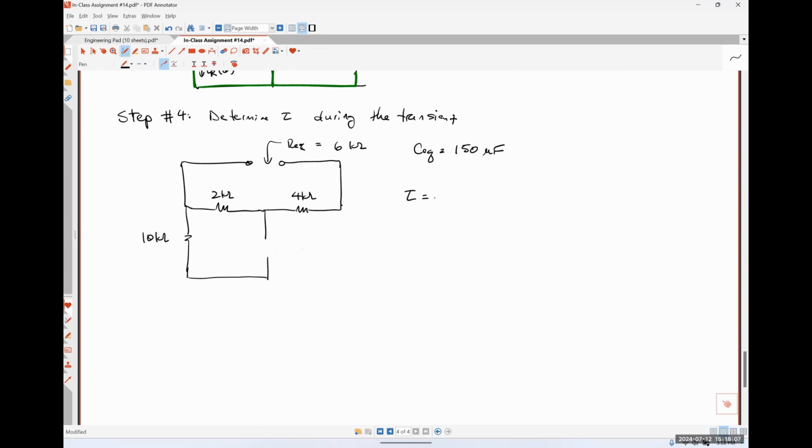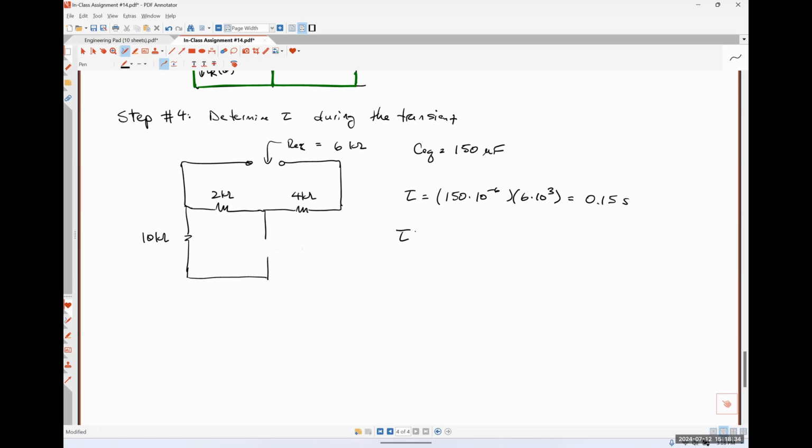From this, tau is 150 times 10 to the minus 6 times 6 times 10 to the positive 3. So 0.15 seconds.